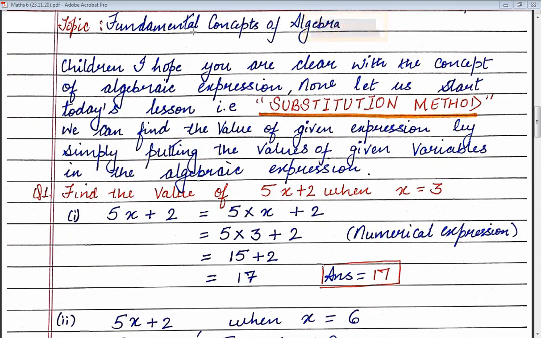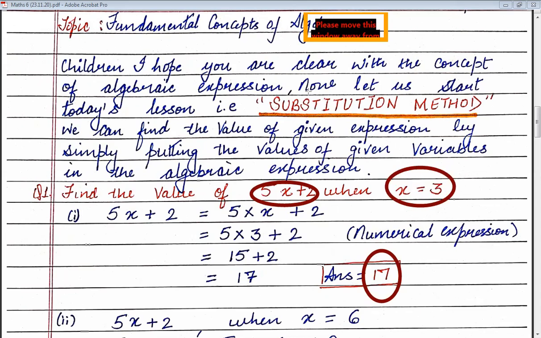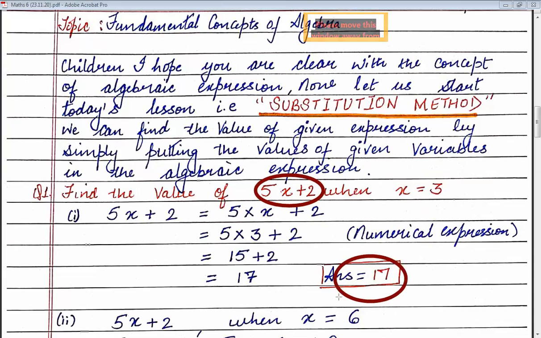So the value of algebraic expression 5x plus 2 is 17 when x is equal to 3. I repeat, the value of algebraic expression 5x plus 2 is 17 when x is equal to 3.